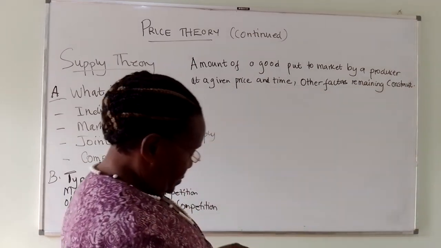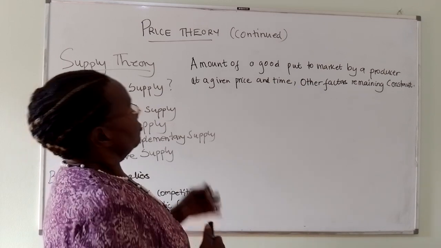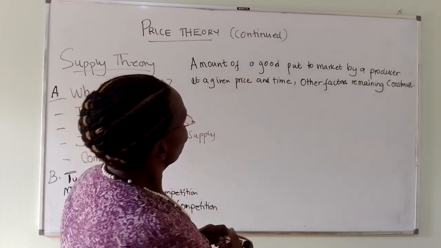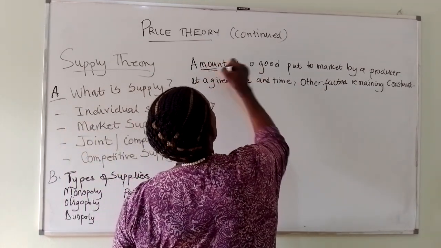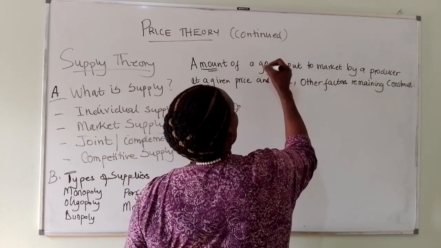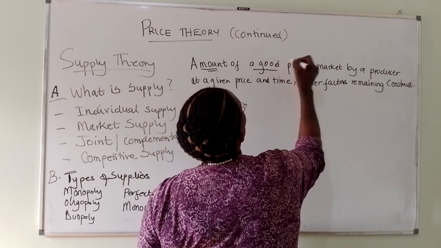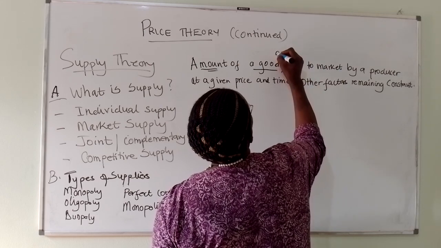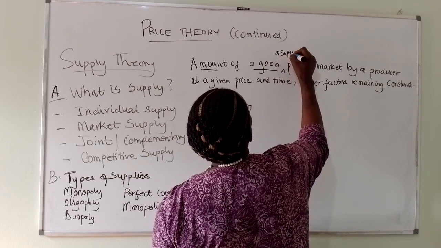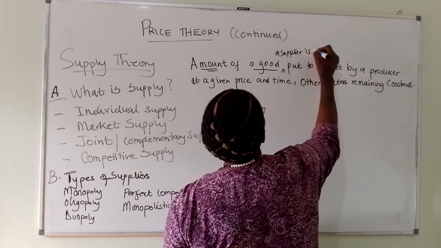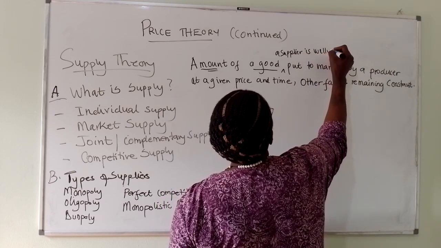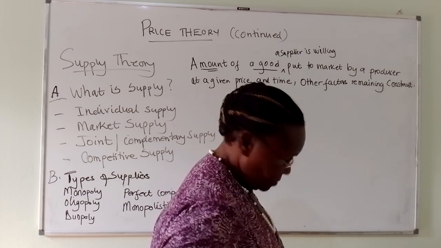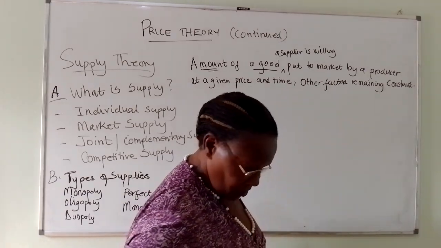So whenever we talk of supply, we are looking at a producer and we are trying to see how big a quantity of a certain good, so amount is very important, of a given good, not goods, but just one kind of good, a supplier is willing to put to market.